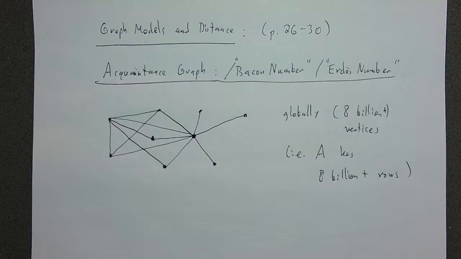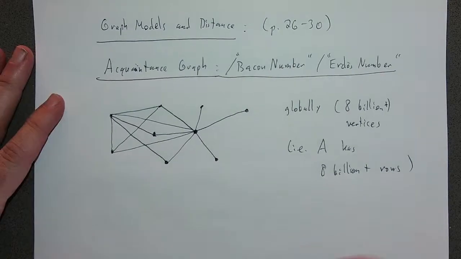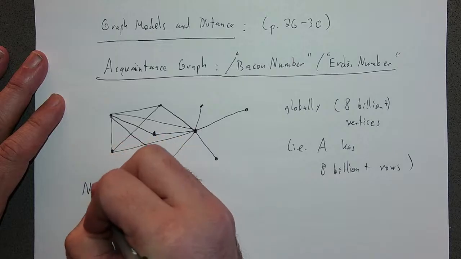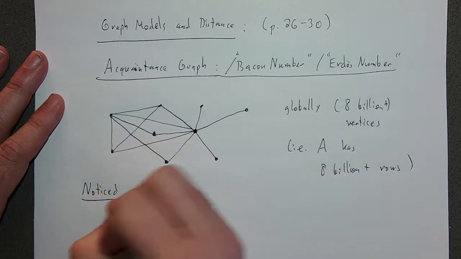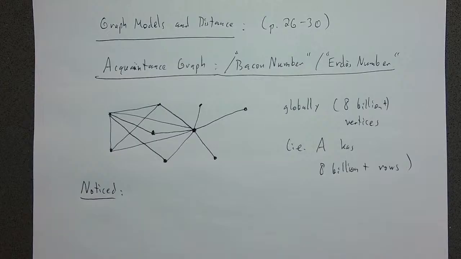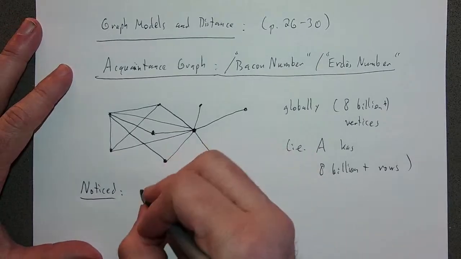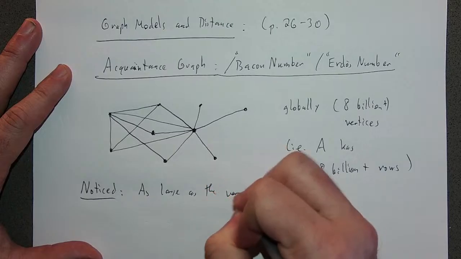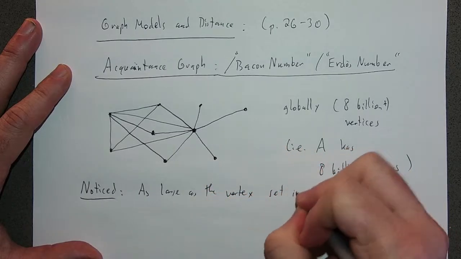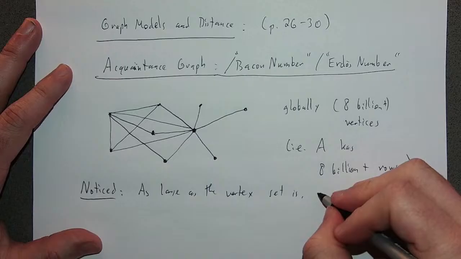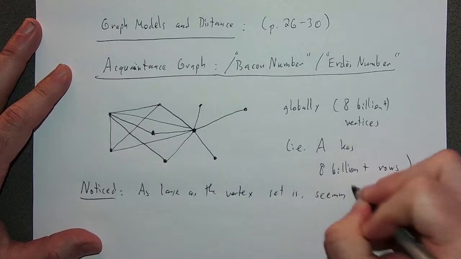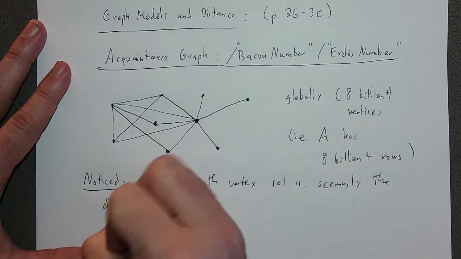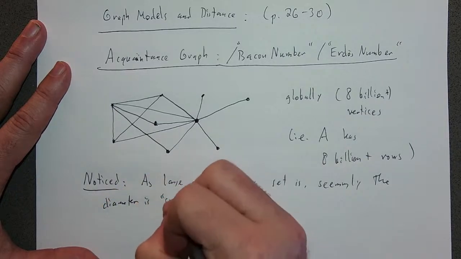Now, the idea is that something was noticed. As large as the vertex set is, seemingly the diameter is small.